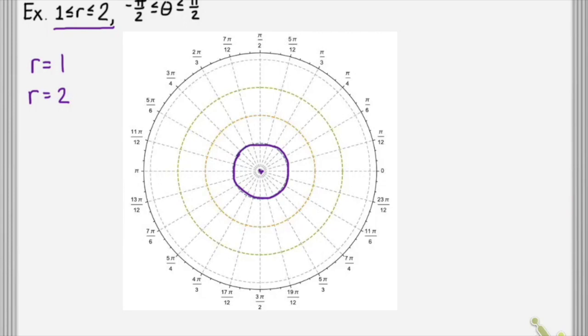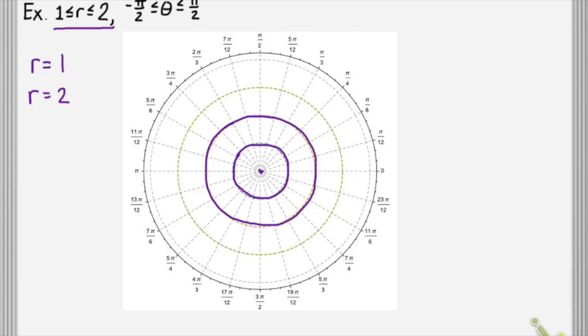The next circle outward is a circle of radius 2, and so that will be our r equals 2 circle. The next circle has a radius of 3, and the last dashed line has a radius of 4.